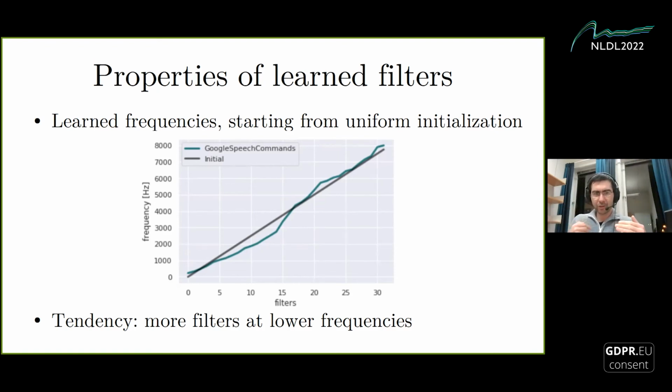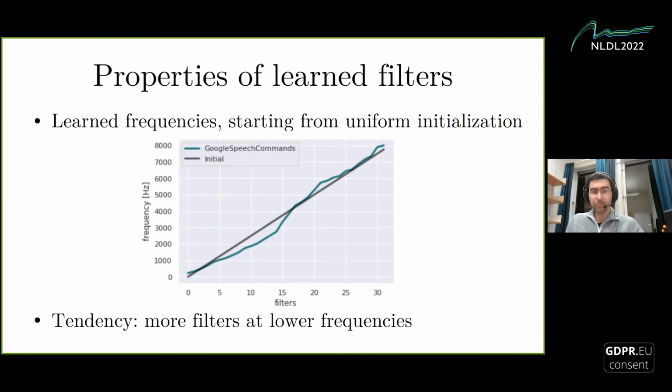At the end, if you look at the filters from 0 to 15, they have some values that are below the initial point. That means you have more filters that focus on the low frequency band. Of course, it's expected, because you need more filters for the low frequency, and maybe more information is there too.